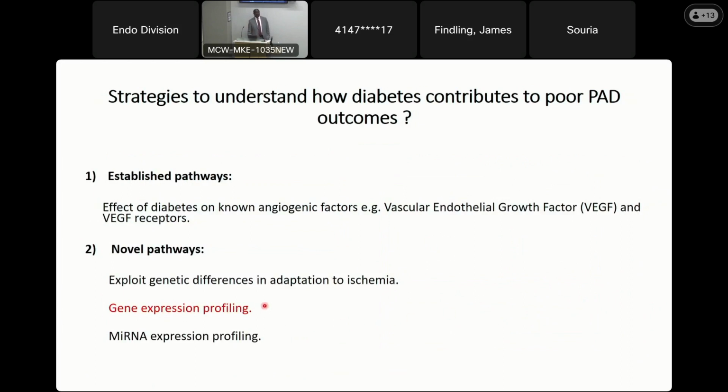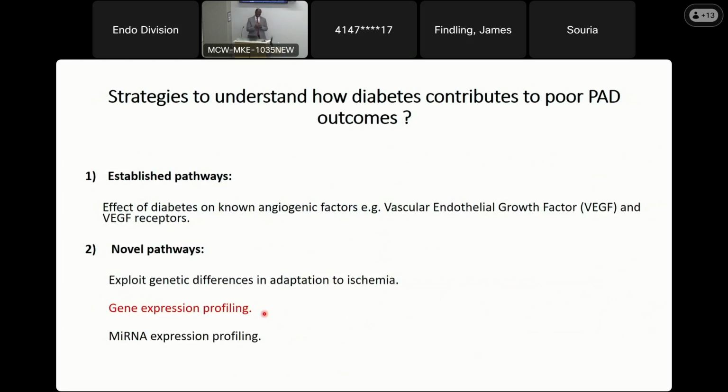Another approach that we've taken is gene expression profiling. With our gene expression profiling, essentially what we're asking is, what are the things globally that are changing in ischemic tissue in a non-diabetic setting, with the assumption that those changes are probably part of why the mouse that's able to adapt quite well is adapting quite well.